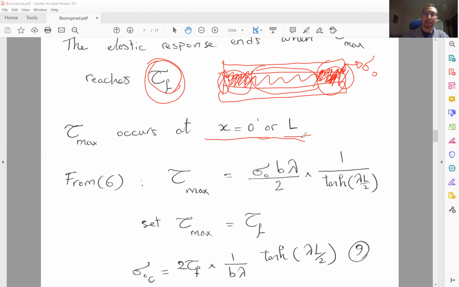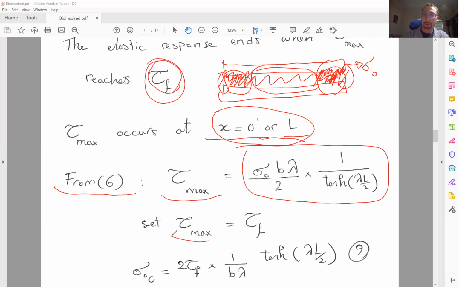So in equation 6, I put x equal to 0 or L. Both of them will give me one answer, which is this for the shear stress. This is my tau max. It happens at these two ends, and I put it equal to tau f.